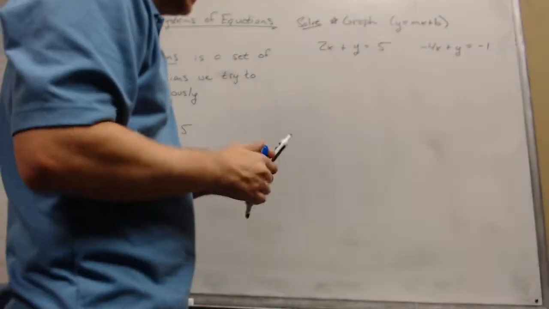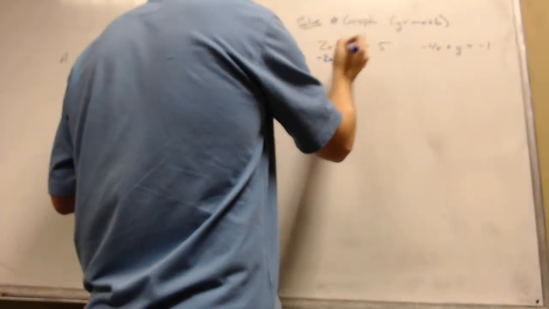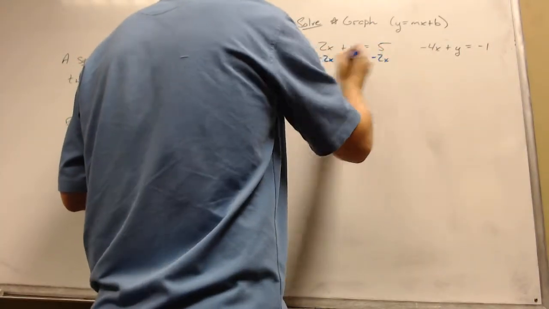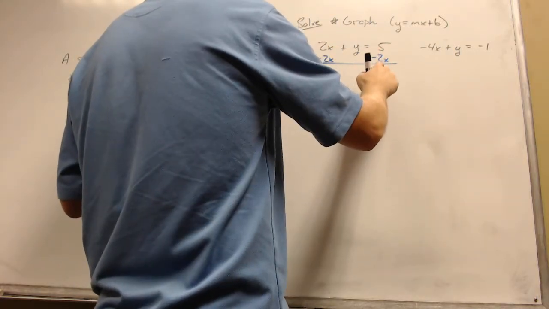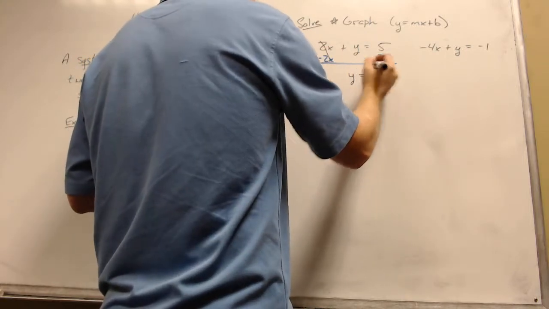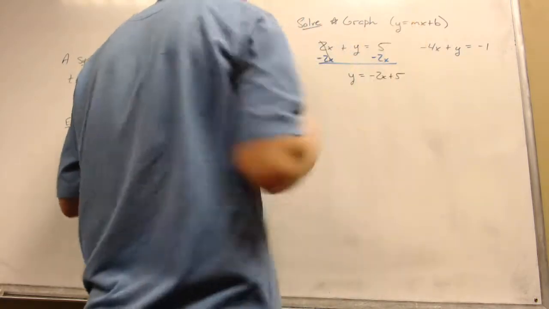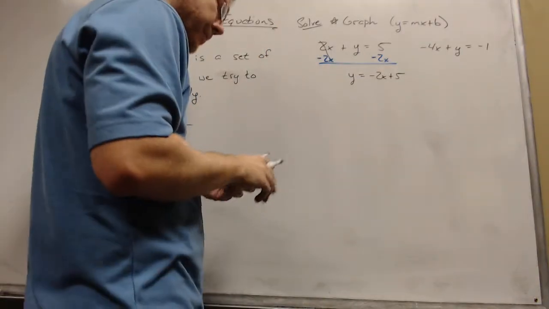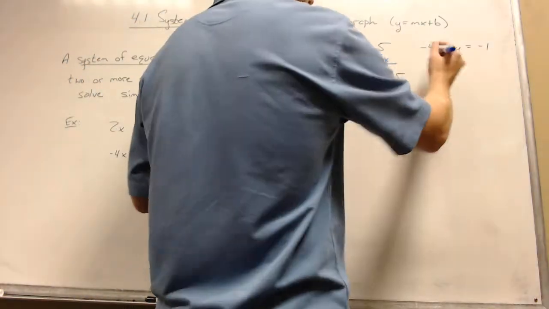That means we need to solve for y, so we can add a negative 2x to both sides here. Remembering that these are not like terms, variable and constant, these will cancel. We have y equals negative 2x and a positive 5. Now it's converted into our nice form. We can play the same game over here.